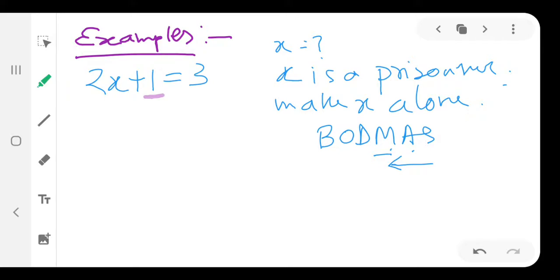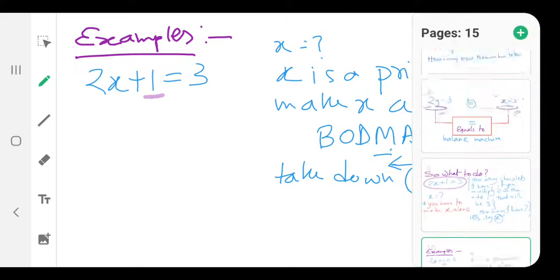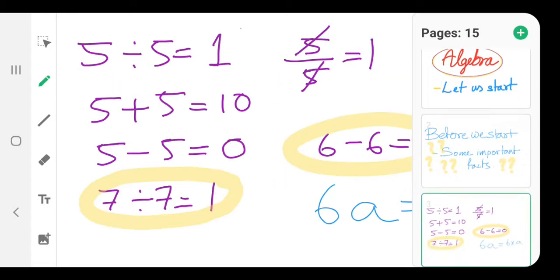So the first step is to take down 1. How to take down 1? You must remember our tricks.